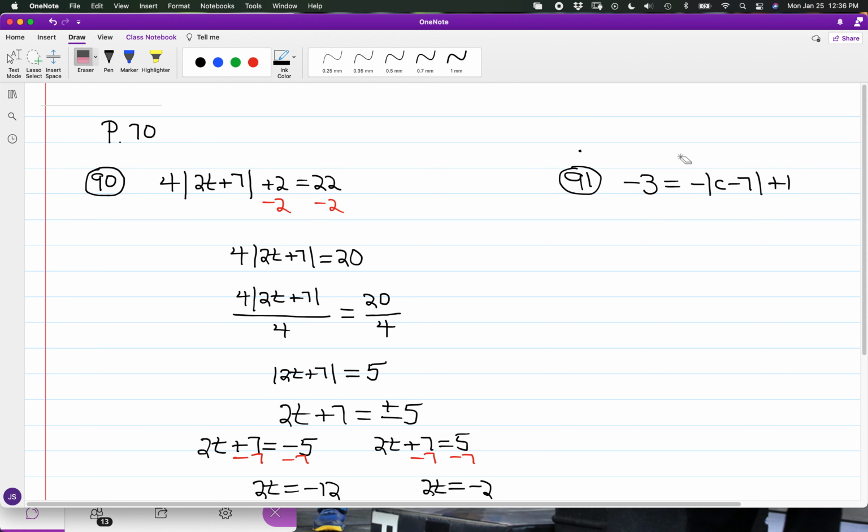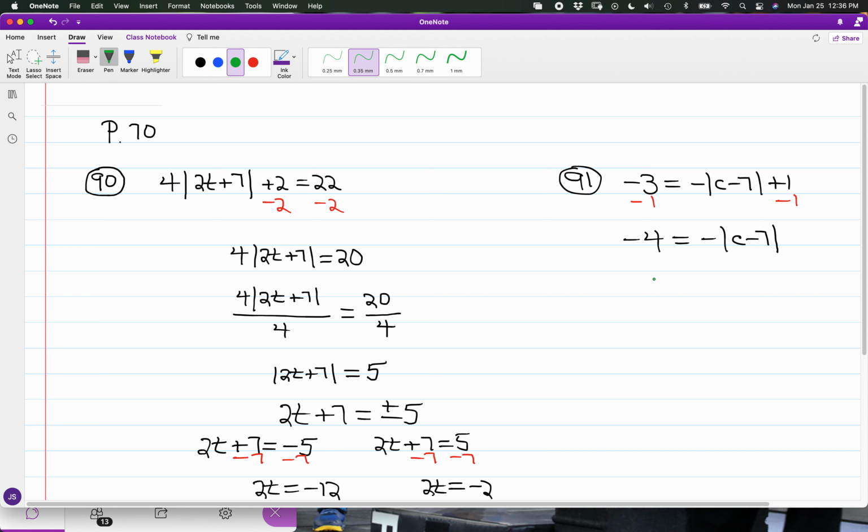I'm going to isolate the absolute value of c minus 7. First, I'm going to undo the addition of 1 by subtracting. So here we have negative 3 minus 1 is equal to negative 4, and that is equal to the negative of the absolute value of c minus 7.